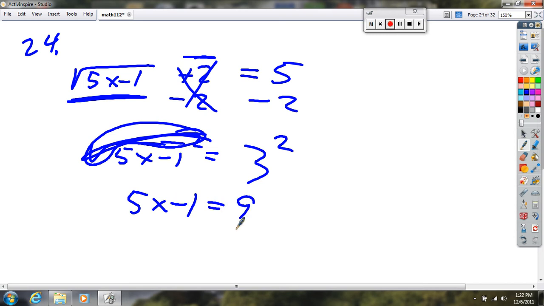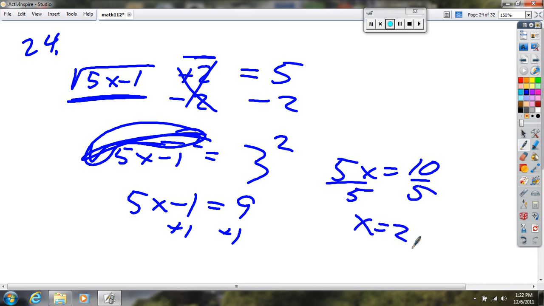Solve for x. Plus 1, plus 1. So 5x equals 10. Divide by 5. X equals 2. Now, this should be my answer. We're supposed to check the answer and make sure it checks out okay.